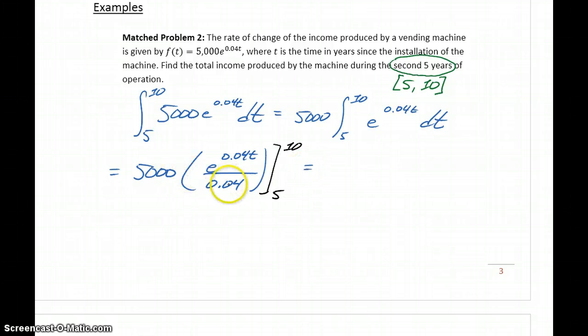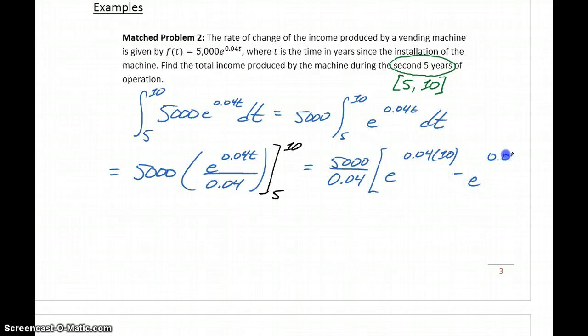So 5,000, 0.04, those are both just constant multiples. So again, we can set this off to the side. 5,000 divided by 0.04. And then we'll just evaluate e to the 0.04 t at t equals 10 and t equals 5. So this would be e to the 0.04 times 10 minus e to the 0.04 times 5.